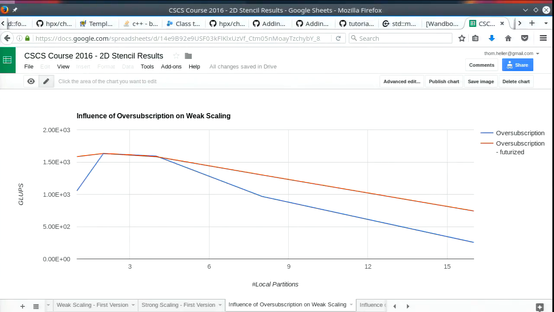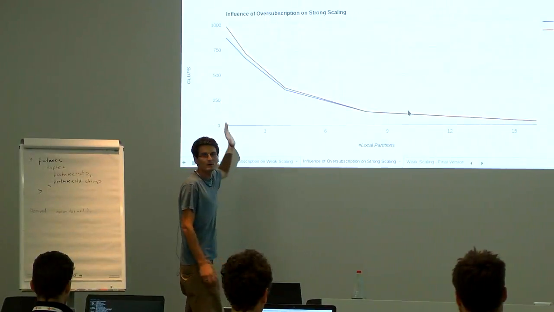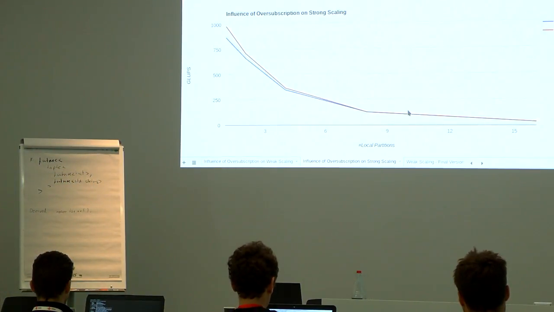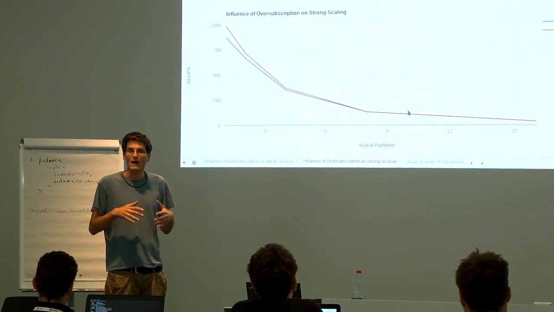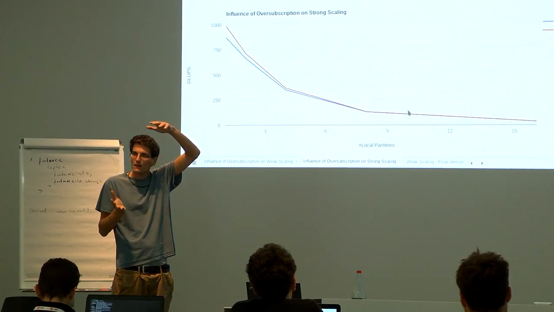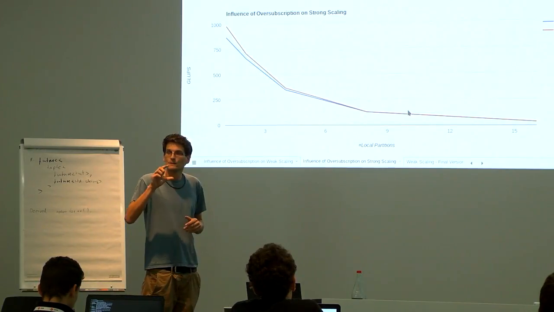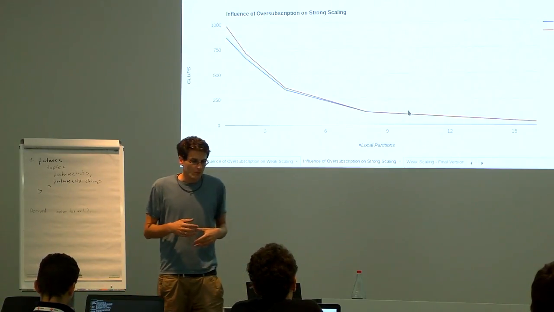The strong scaling influence is very similar, but it drops fairly quickly. Here the number of local partitions doesn't have any good influence. Adding more partitions is actually making it worse, simply because if we add more local partitions, we divide our domain even more in the y direction, so we lose grain size.